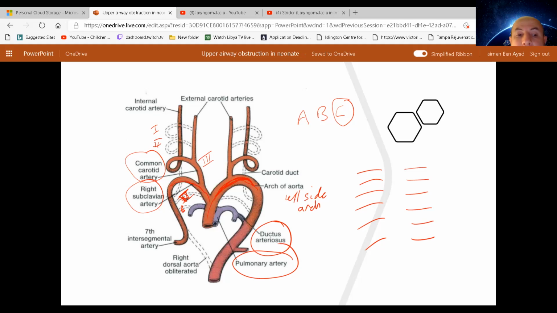If the right side does not disappear completely, then you're going to have a double aortic arch. That's called a double aortic arch vascular ring. If the left aortic arch completely degenerates and the second aortic arch remains, that's another cause of the vascular ring.